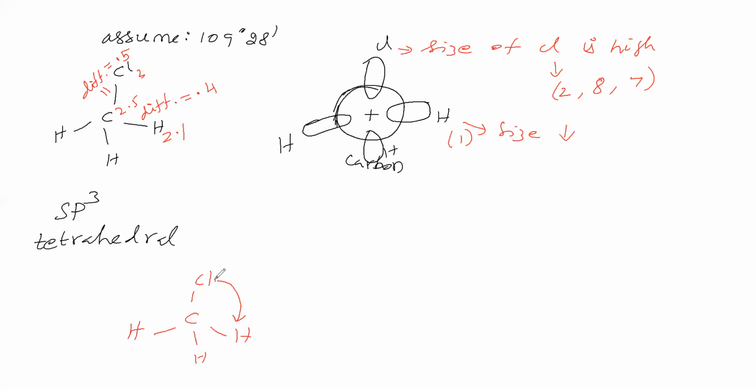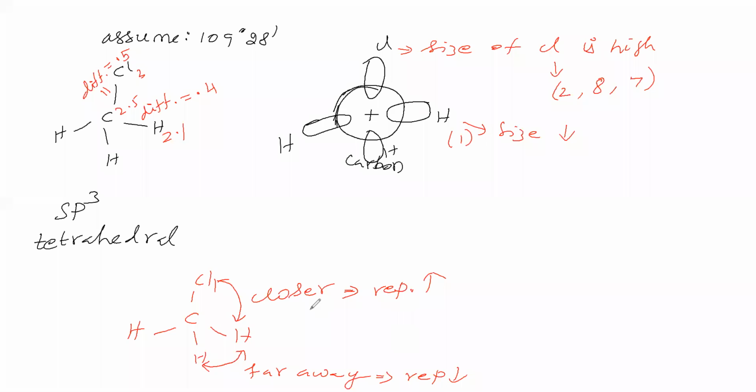Cl and H will be closer, and H and H will be far away. Therefore, between this chlorine electron cloud and hydrogen electron cloud, repulsion will be high. Between these two, repulsion will be low.